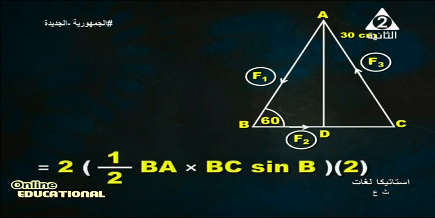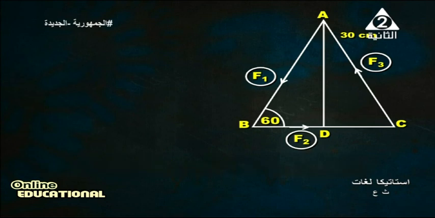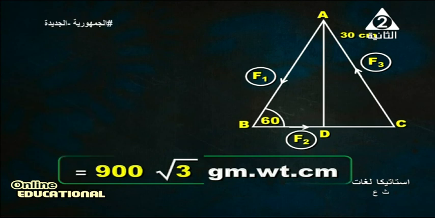Therefore, the moment of couple means 2 times half BA times BC sine B times 2 equals 900 root 3 gram weight centimeter. The moment of the couple. Don't forget, moment of couple equals the moment of the force multiplied by the distance, in gram weight centimeter.